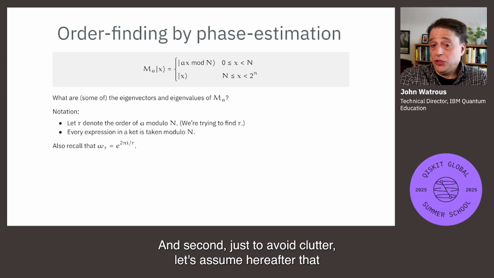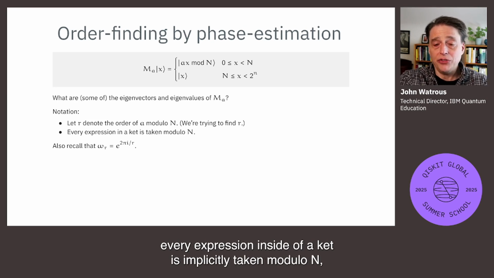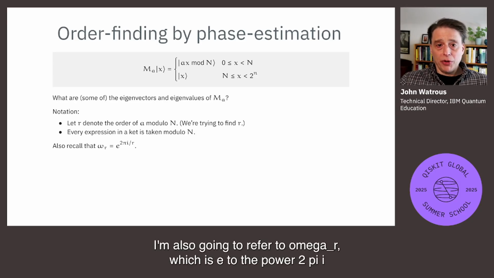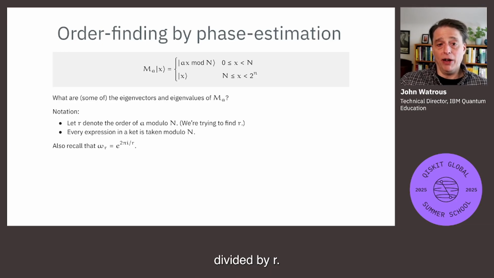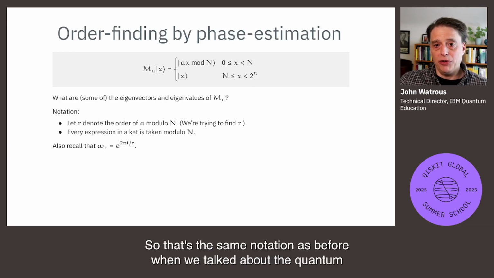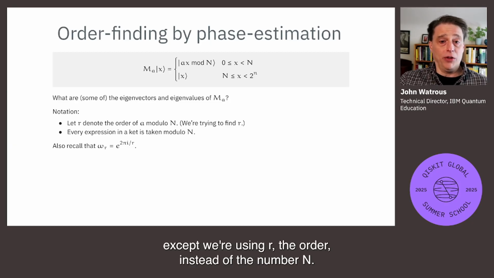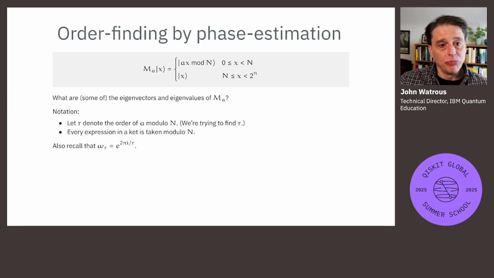And second, just to avoid clutter, let's assume hereafter that every expression inside of a ket is implicitly taken modulo N, so we don't have to keep on writing mod N over and over. I'm also going to refer to omega_r, which is e to the power 2 pi i divided by r. So that's the same notation as before when we talked about the quantum Fourier transform, except we're using r, the order, instead of the number N.